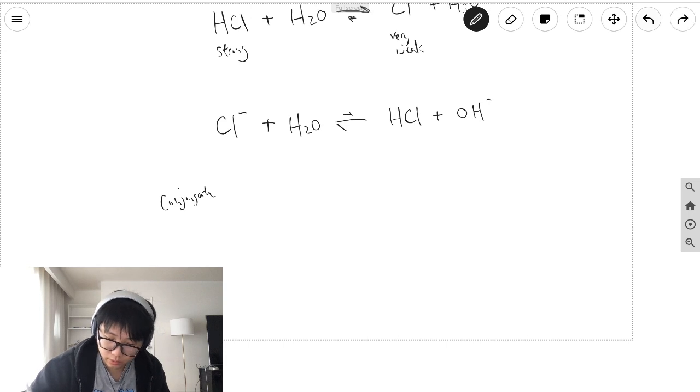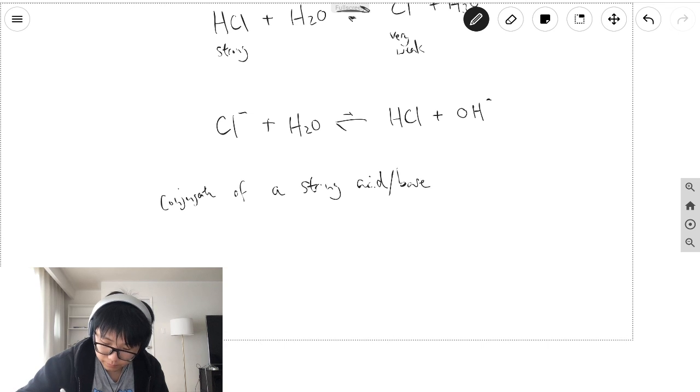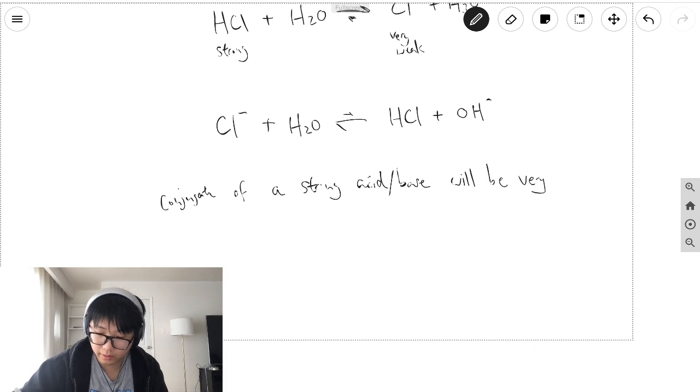So the conjugate, doesn't matter acid or base, of a strong acid or base will be very weak. And very weak, I put that in its own category versus weak.